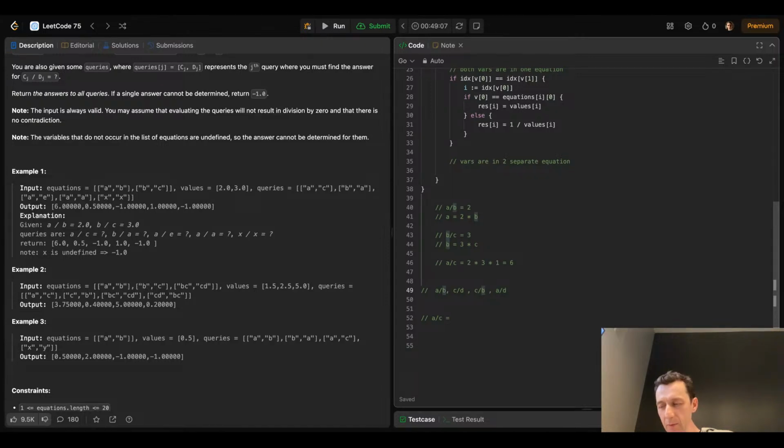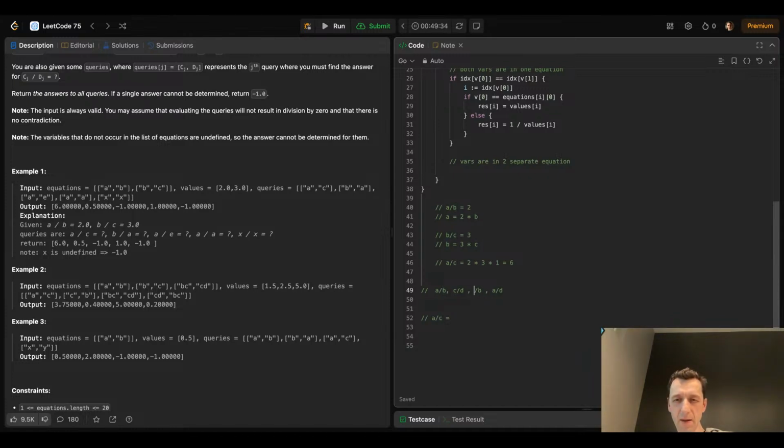So B can be expressed through C, and that's all we need. Right? A through B. Oh, because this CAB, CB, this connects it. Now that makes it too easy.